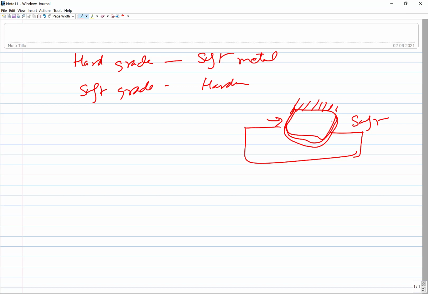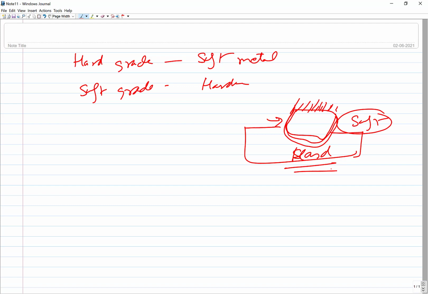As soon as the stresses increase, the abrasive is dislodged because the grade is soft. So the fresh abrasives will be exposed. So this is the advantage of using the soft grade with hard workpiece material.